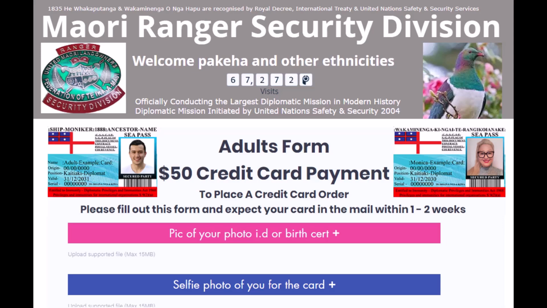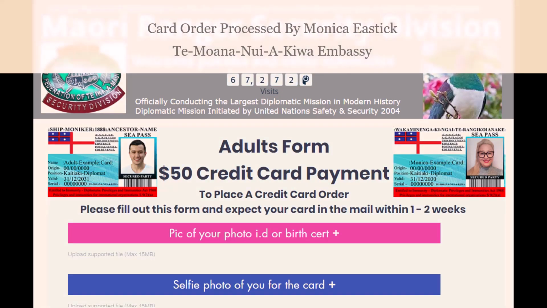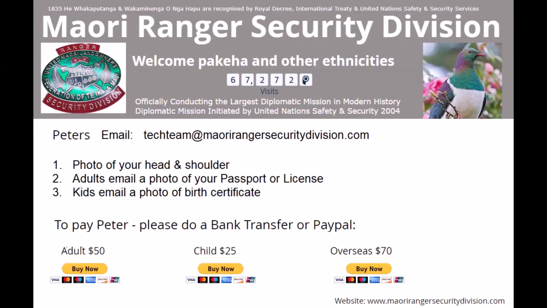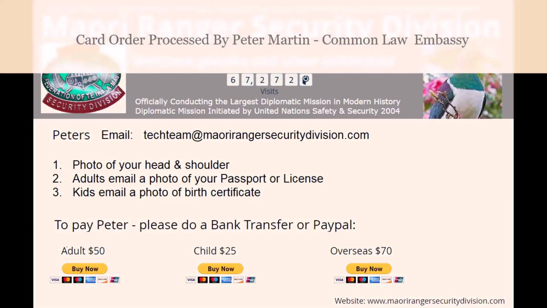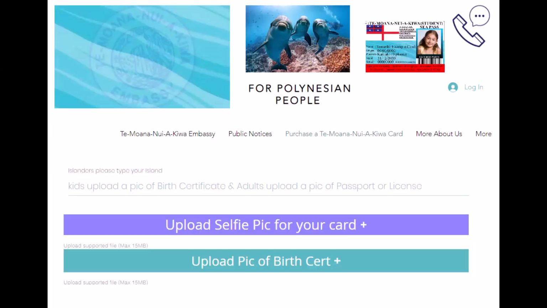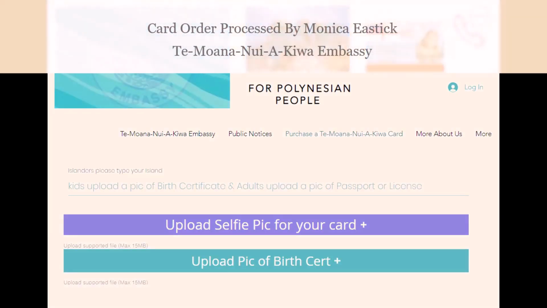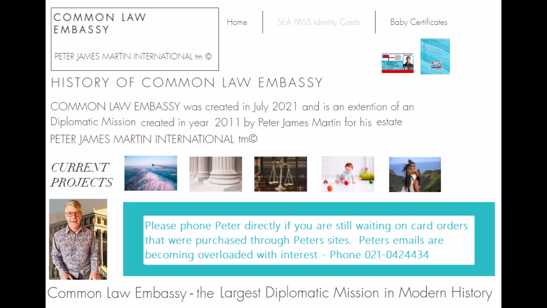Generally, other times people send their identifications and a photograph, and those two are matched by the ambassadors, and the details are put onto the card, and the records are kept of that information.